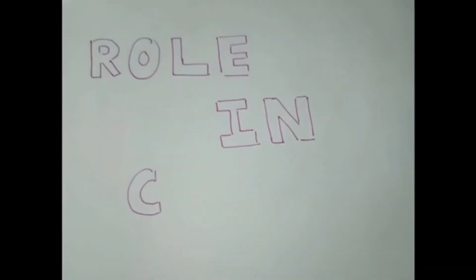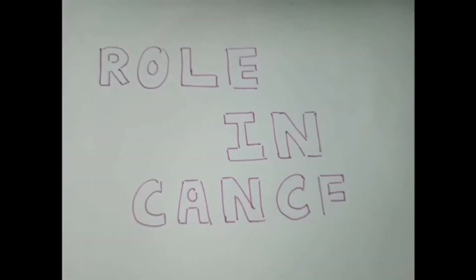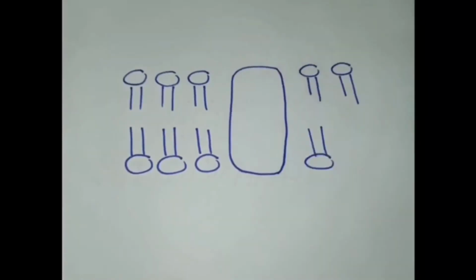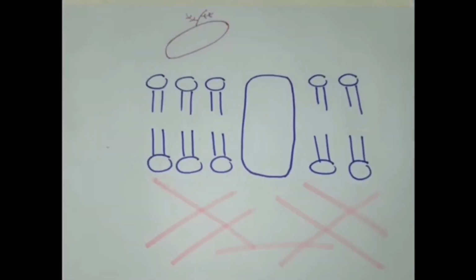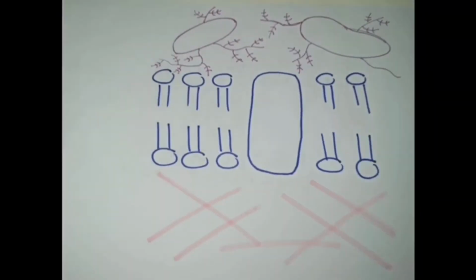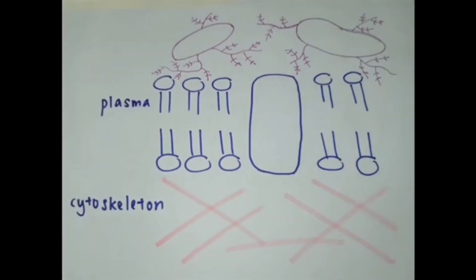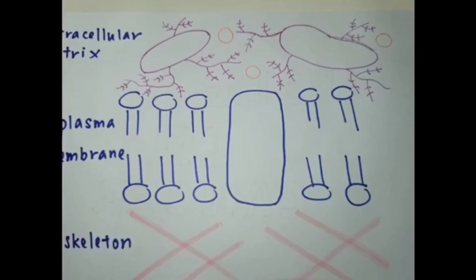And now, we will discuss the role of hyaluronidase in cancer. As we all know, the phospholipid bilayer serves as the cellular barrier. At the intracellular site there is the cytoskeleton, whereas at the extracellular site there is the extracellular matrix. The substrate for hyaluronidase, hyaluronic acid, is the main component of the ECM.